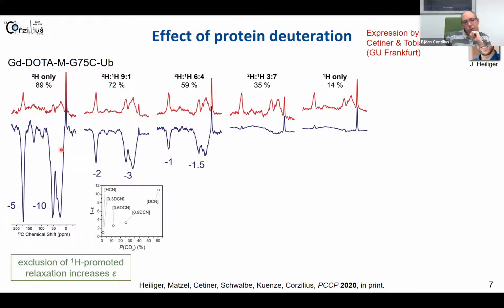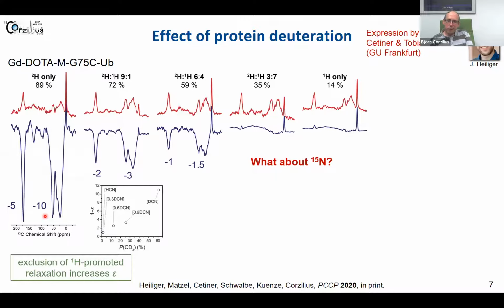And this reduces our achievable enhancement to about -10 if we utilize this highly deuterated ubiquitin. But nevertheless, we can fully recover our negligible DNP enhancement from the protonated sample and get quite sizable enhancements, but still -10 is not where we want to go.